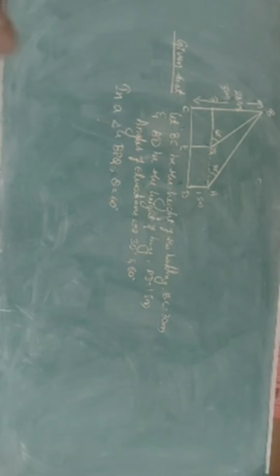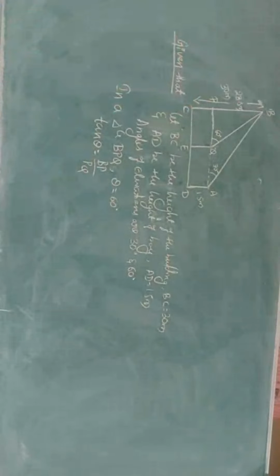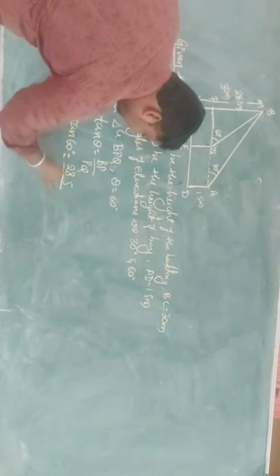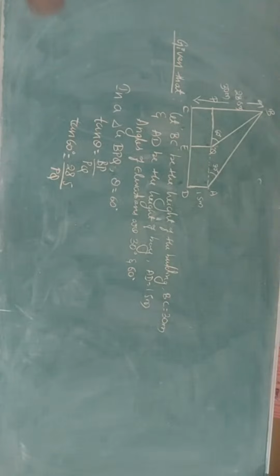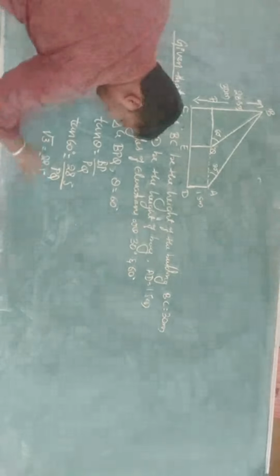So tan theta is equal to opposite BP upon adjacent PQ. So substitute the values. Tan 60 degree is equal to BP, which is 28.5, divided by PQ. Tan 60 degree is root 3, correct? So root 3 is equal to 28.5 upon PQ. Now cross multiplication.